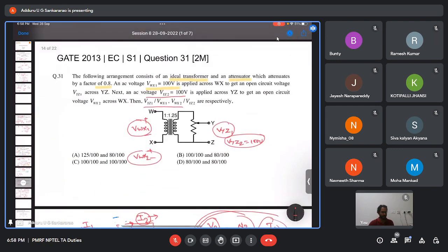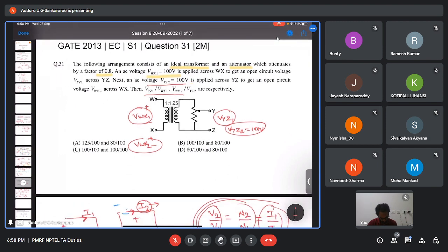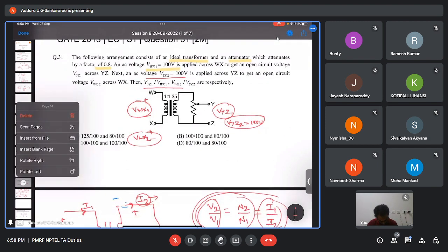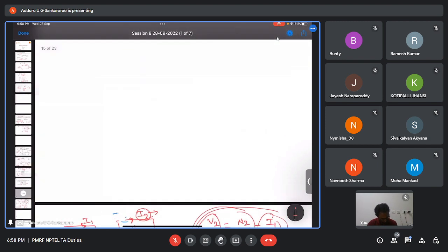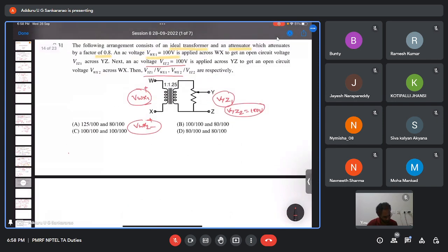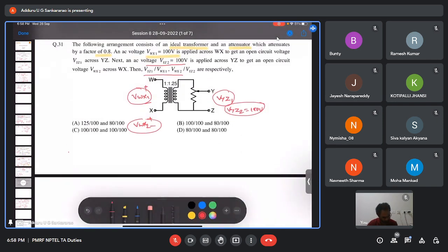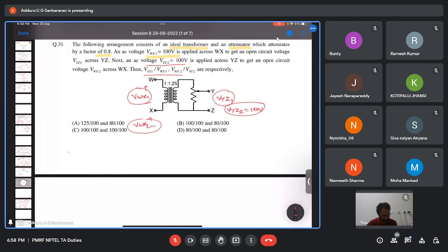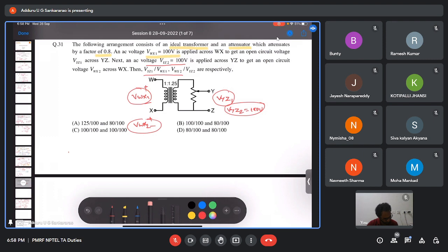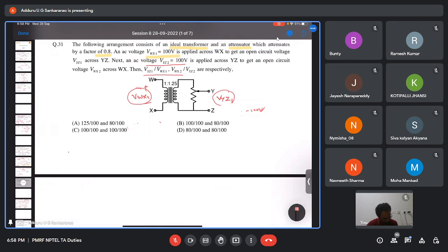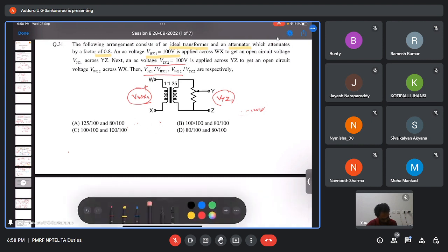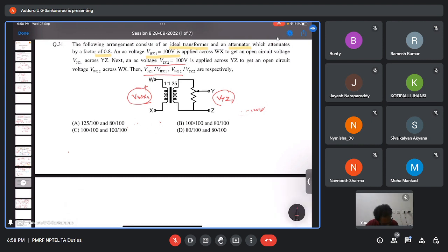Fine. Now come back to our problem. In the problem it is given that when Vwx1 is given as input, the output is Vyz1. Now for this transformer, let us say this is V1 and this is V2.